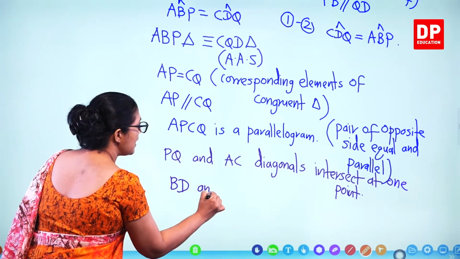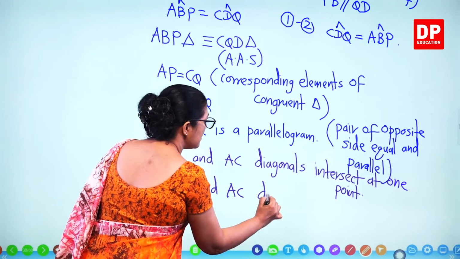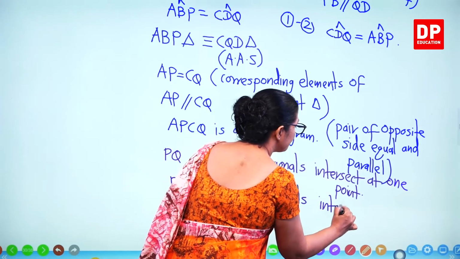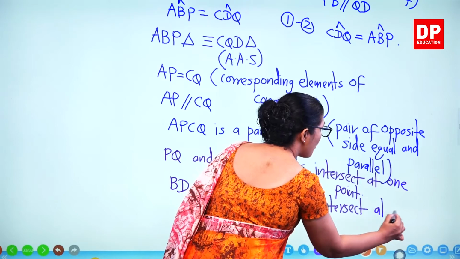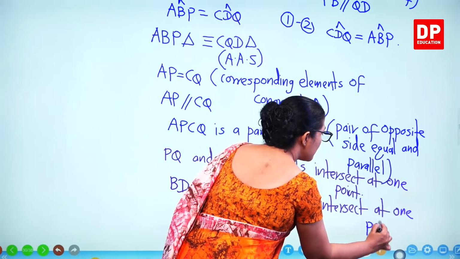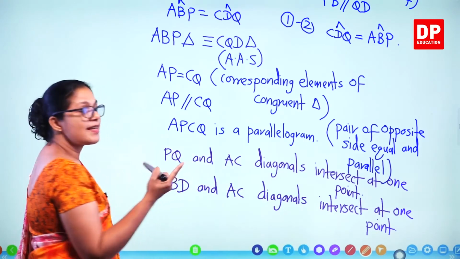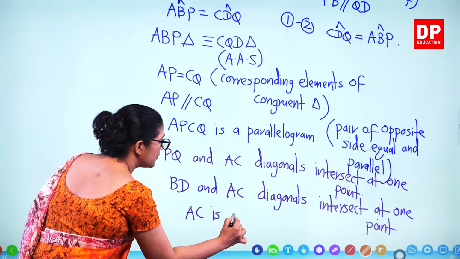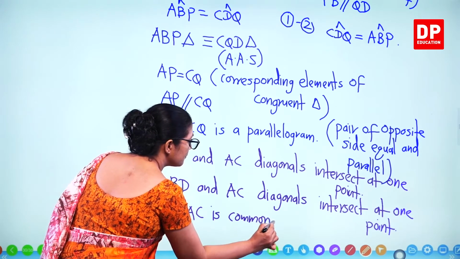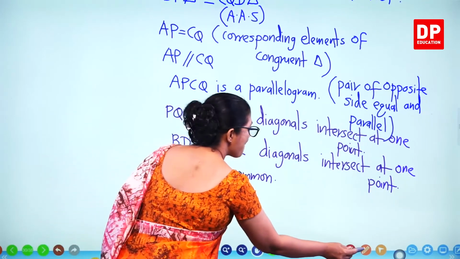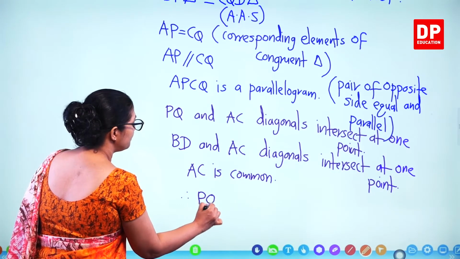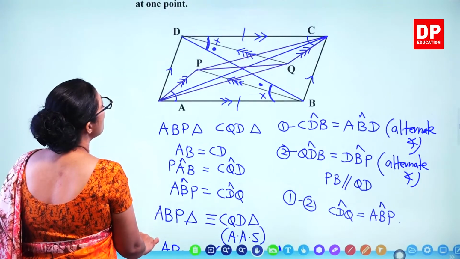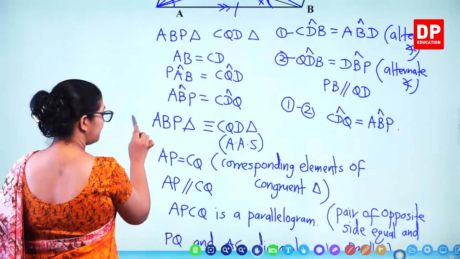BD and AC diagonals intersect at one point. Now see, the common one is AC. So that means that's the same point. AC is common for both. Therefore, you can say PQ. And what are the lines you need to show? PQ, AC, BD.